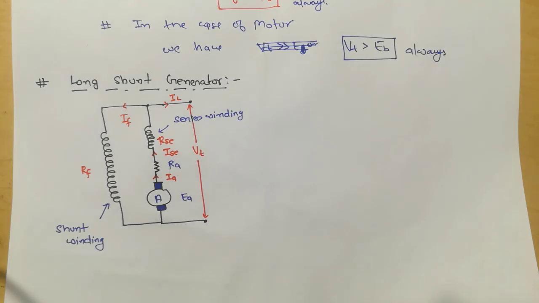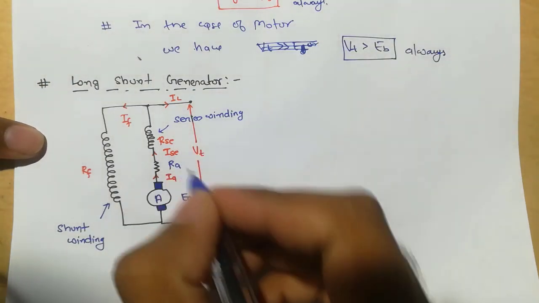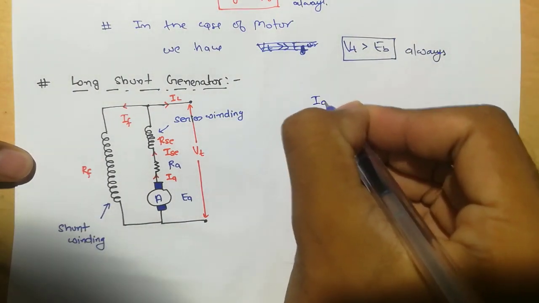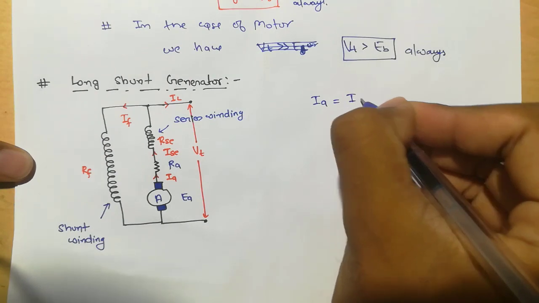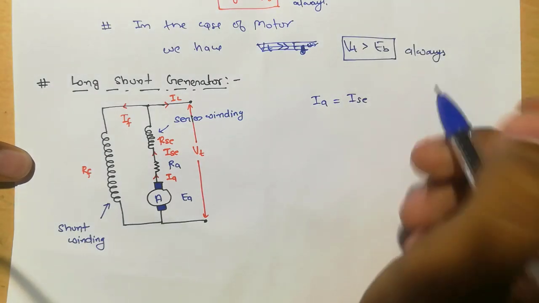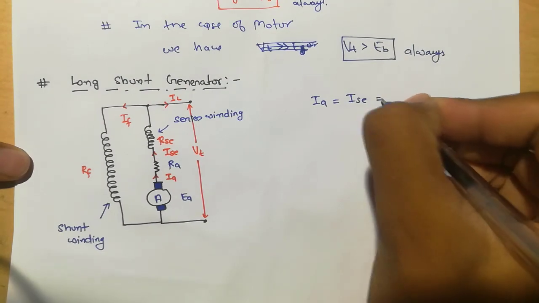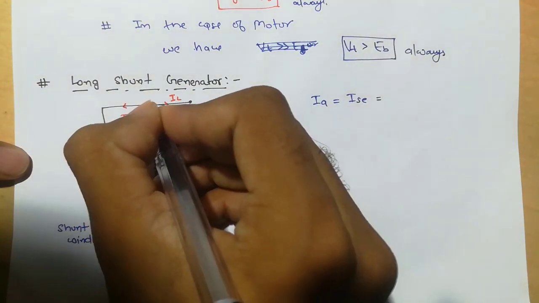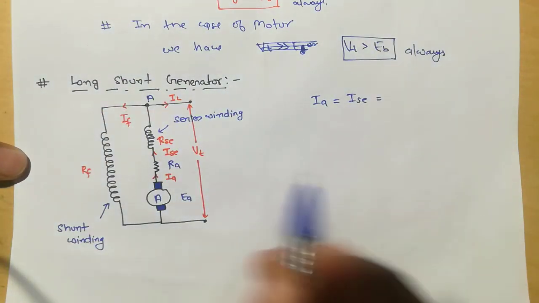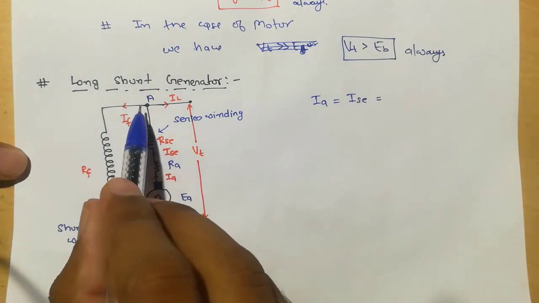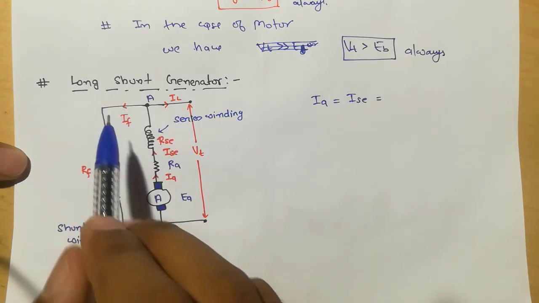Okay, now move on to the analysis part. In this diagram we can see clearly that the armature current IA is equal to ISE, which is our series field winding current, which is equal to, when we apply KCL at point A, the armature current IA is further divided into two parts, the load current and the field current.